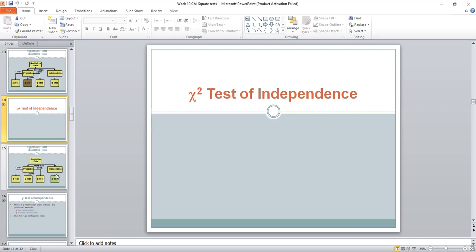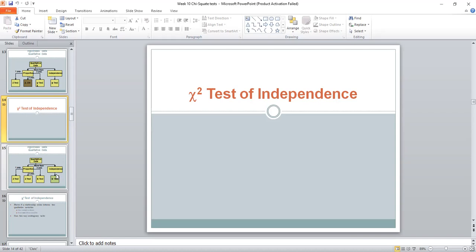You state your hypothesis in words. For example, in this case, H naught is stated from a position of neutrality, that there is no relationship. In fact, there is no significant relationship between area of specialization and student performance in statistics. Statistically significant, because there may be a relationship, but it is not statistically significant.